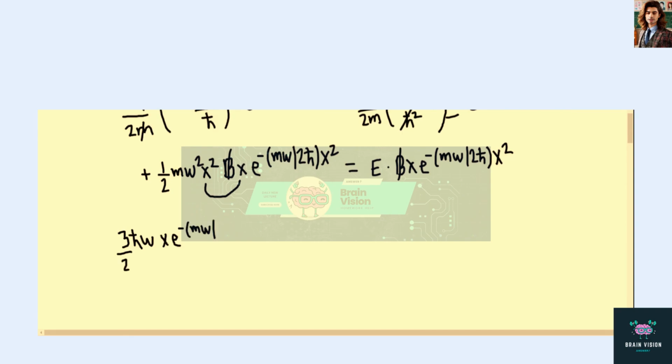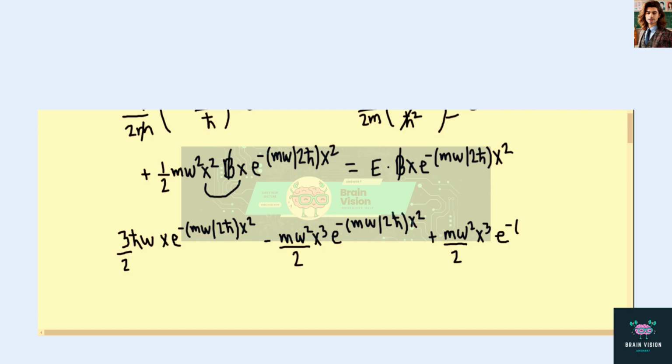We get 3h bar omega for the first term times x times e to the minus m omega over 2h bar x squared. And then the second term becomes negative m omega squared times x cubed times the exponential function over 2. But notice that the potential term also becomes the same except with a positive sign.